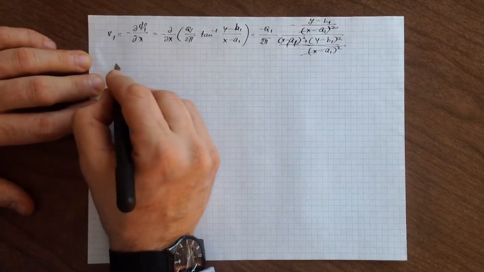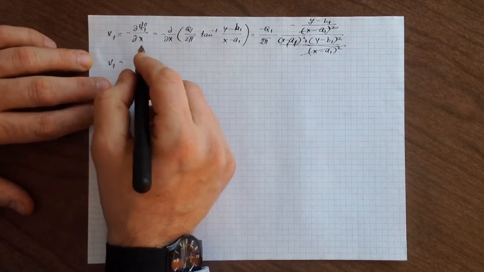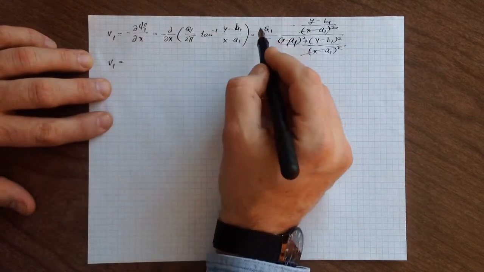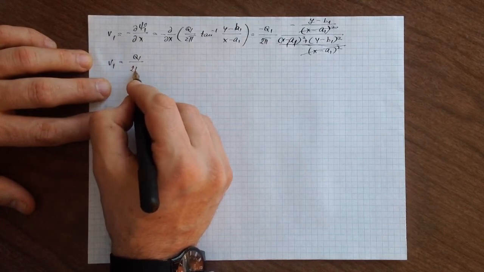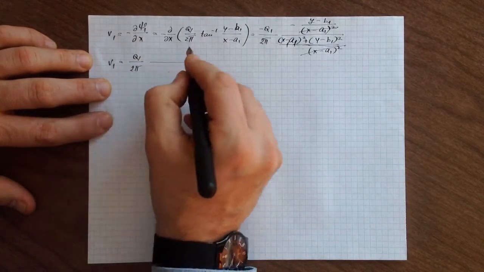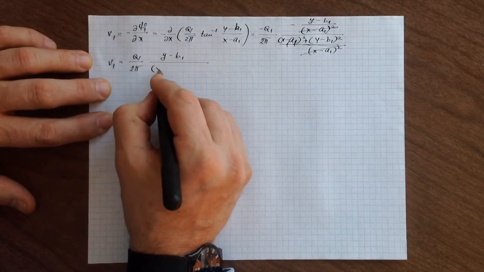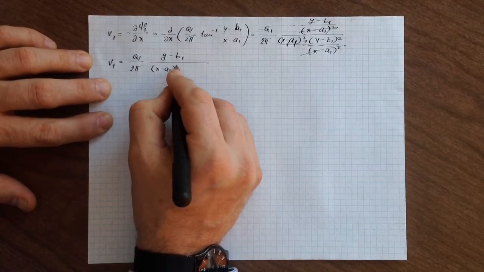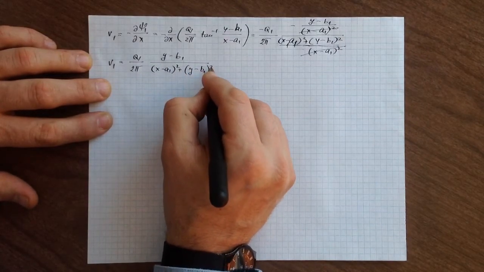So basically we still get the proper result. We have minus times minus, so they cancel out. Q1 over 2 pi times y minus b1 over x minus a1 squared plus y minus b1 squared.